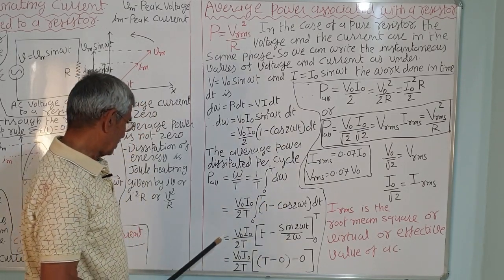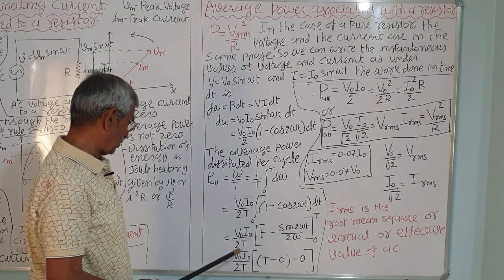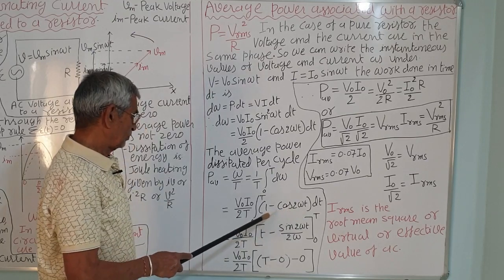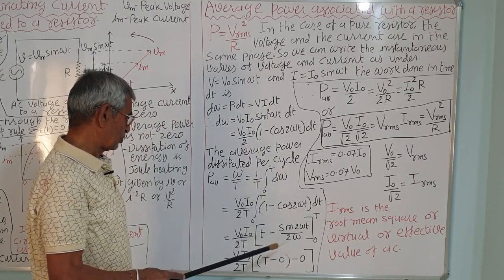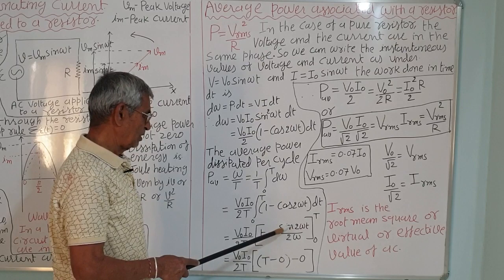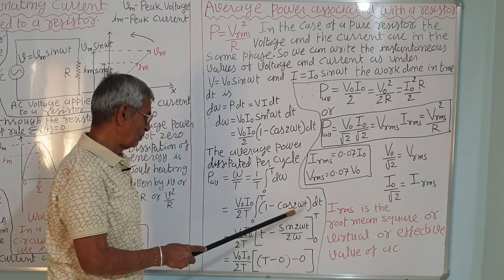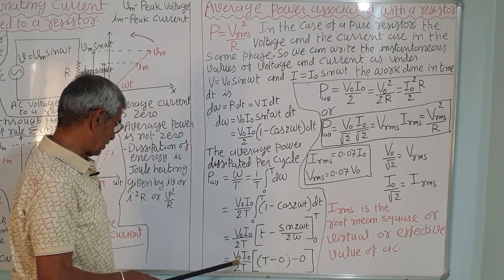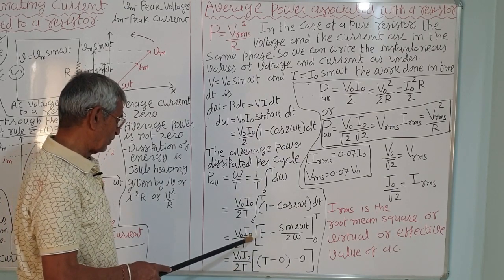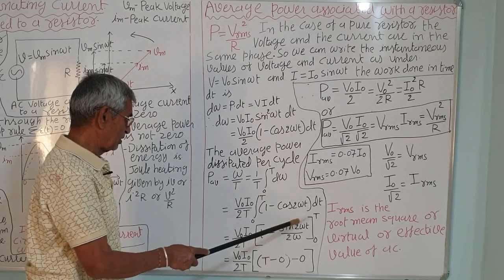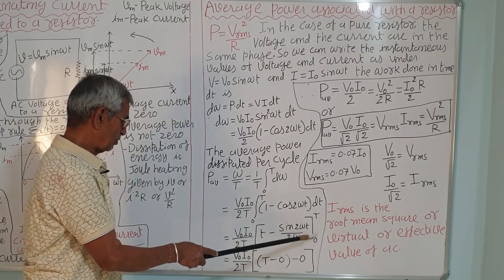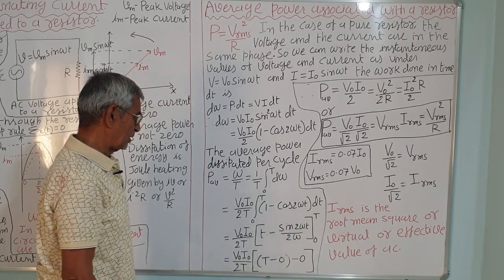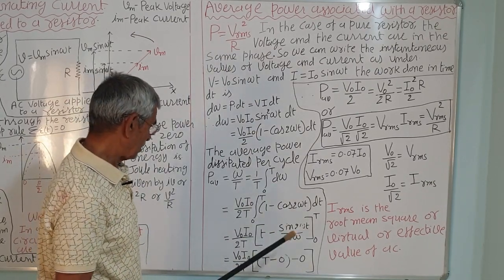dt. That is equal to V0 I0 upon 2T into bracket T minus the integration of cos 2 omega t, that is sin 2 omega t upon 2 omega. That is equal to V0 I0 upon 2T into bracket, now we introduce the limits, T, and at 0 that is minus 0, minus sin 2 omega t is 0, correct?